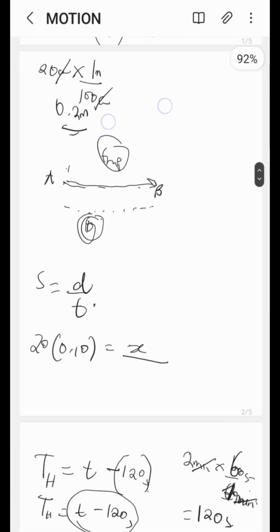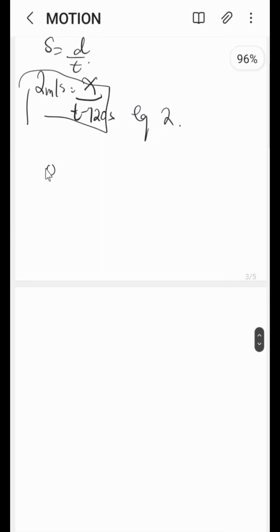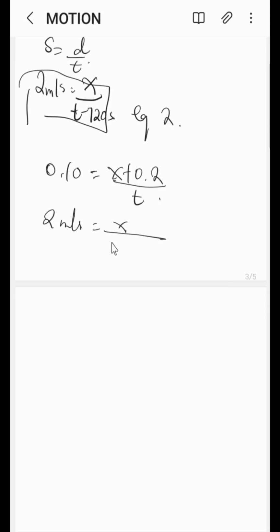Our first equation is 0.10 is equal to x plus 0.2 over time t, and 2 meters per second is x over t minus 120 seconds. This is meters per second. So this is equation 1 and this is equation 2.